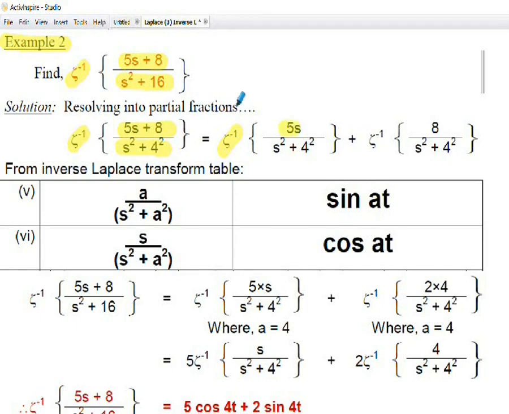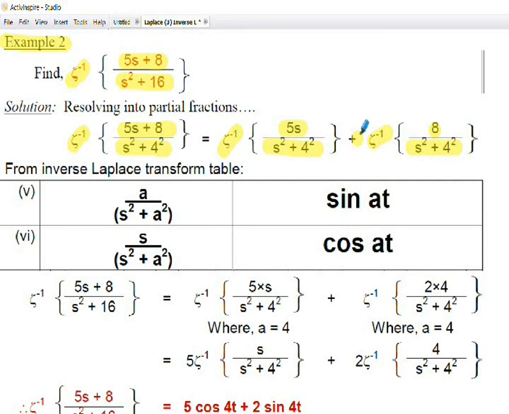So I'm just going to take the 5s term and write it over s squared plus 4 squared, and then I'm going to add to that the inverse Laplace transform of the constant 8 over the s squared plus 4 squared term. By doing that, I make these more like standard forms that are in our table, something I can break down into smaller chunks to deal with.